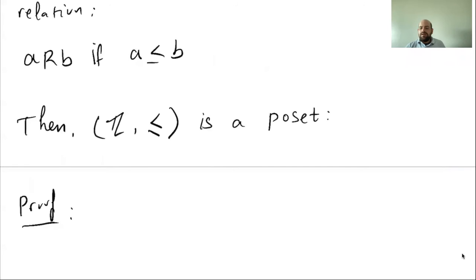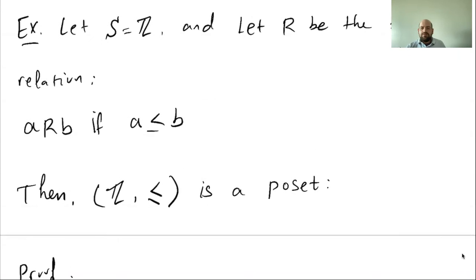Now our claim is that if you set your set to be the set of integers and the relation to be less than or equal to, meaning that two elements are in relation if the first one is less than or equal to the second one, then we have a poset.